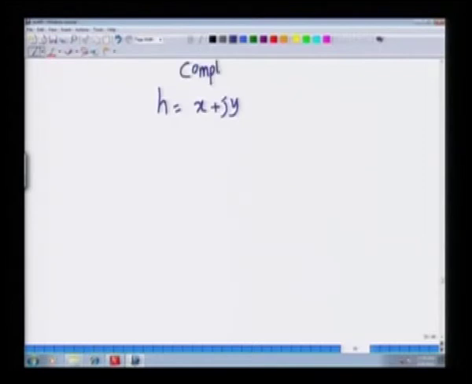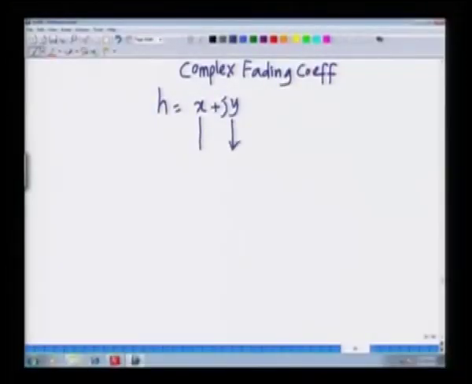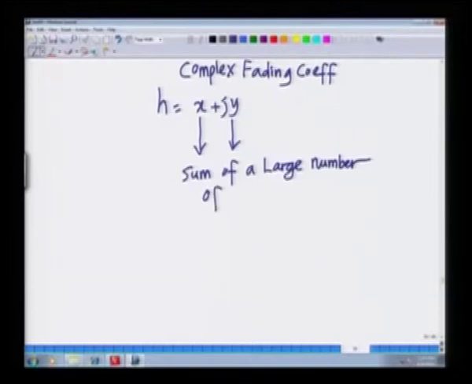I am going back to our analysis of the complex fading coefficient, which is x plus j y, and we have seen that each of x and y is a sum of a large number of random components.